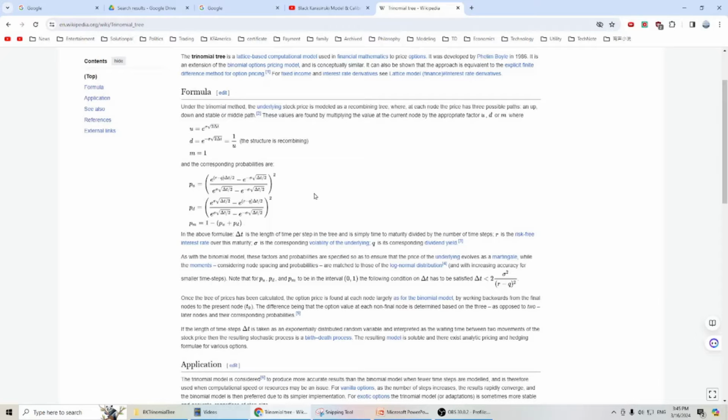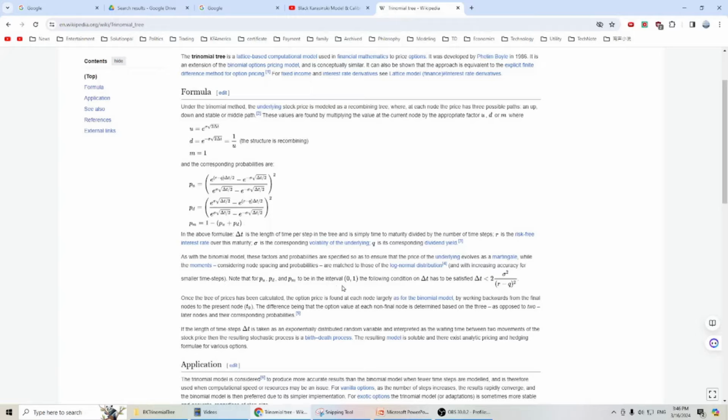Because if you have sigma too small, you will get this PU and PD greater than 1. But you know, PU is the probability of going up, PD is the probability of going down, and PM is the probability of going to the middle.